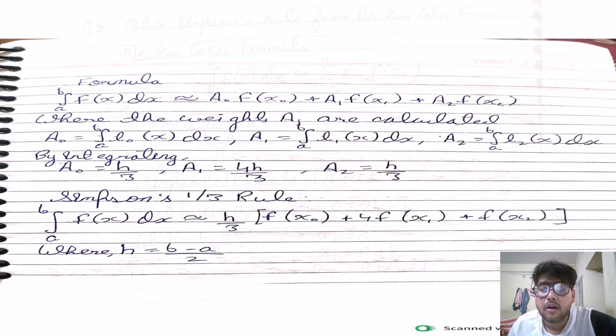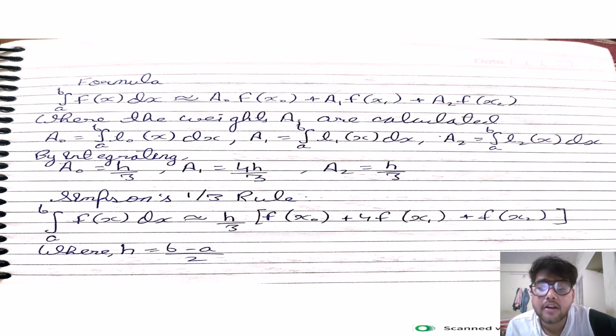Next, the formula will become the integral of f of x dx, which equals a0 f of x0 plus a1 f of x1 plus a2 f of x2, where the weights ai are calculated. So a0 is equal to the integration of L0(x) dx from a to b, a1 is equal to the integration of L1(x) dx in the interval of a and b, and so on.